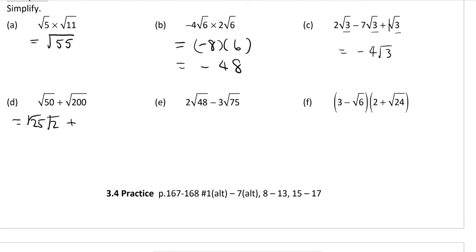And for this part, the square root of 200, I'm going to break that down into the square root of 100 times square root of 2. Okay, I hope that people can start seeing something really cool and very like-term-ish in this example. Well, before I get excited and start combining things, I'm just going to rewrite all this. So the square root of 25 is going to give me plus or minus 5.